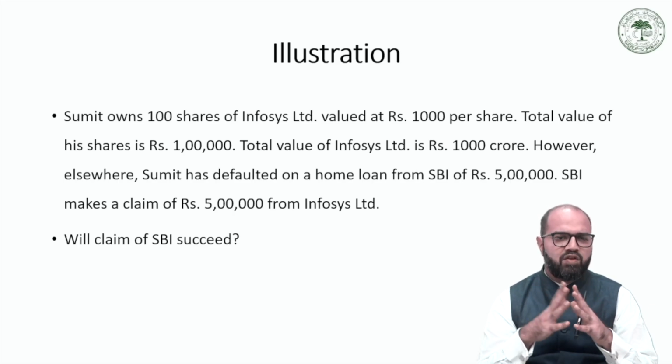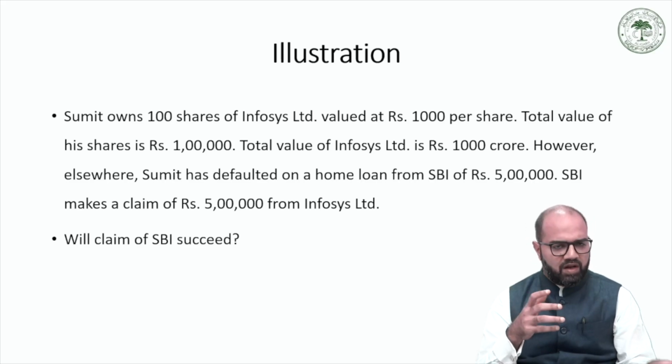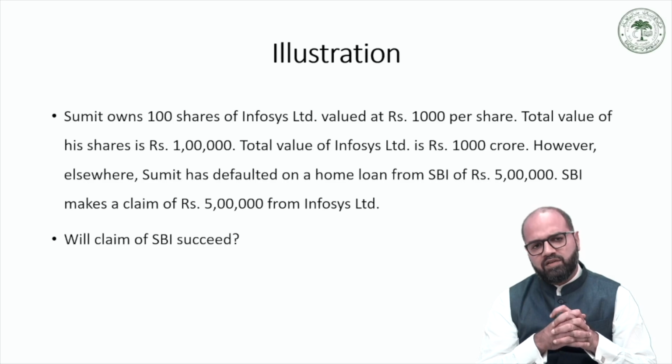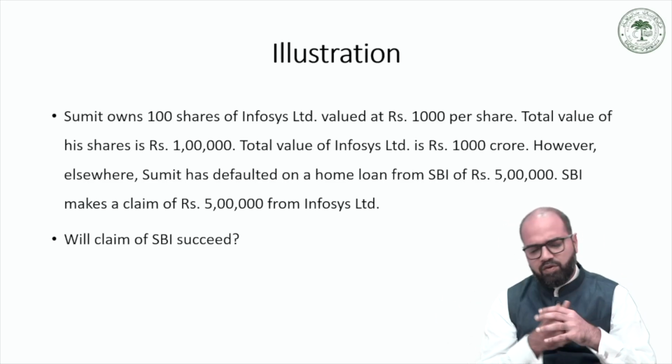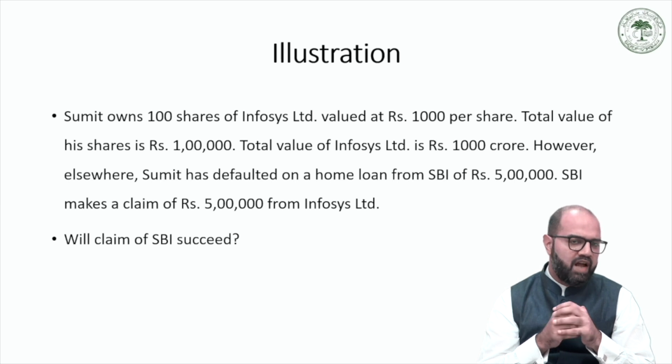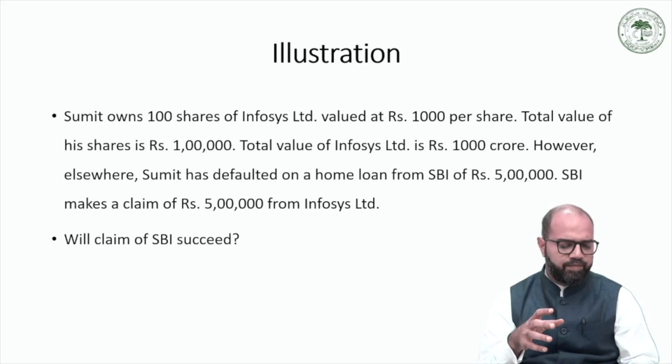Now, to recover this loan, SBI makes a claim of 5 lakh rupees from Infosys Limited, on the claim that since he is a part owner of a company, we are going to lay a claim on the assets of this company. So the question is whether this claim of SBI will succeed.